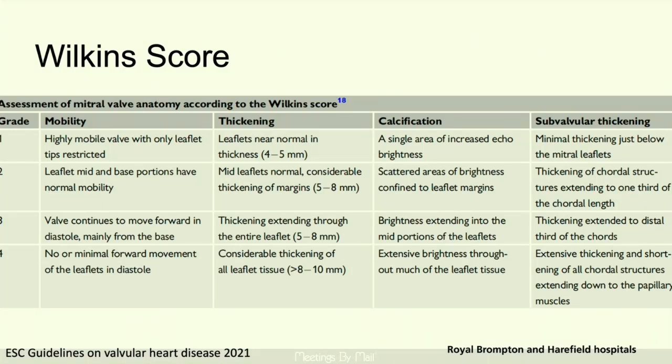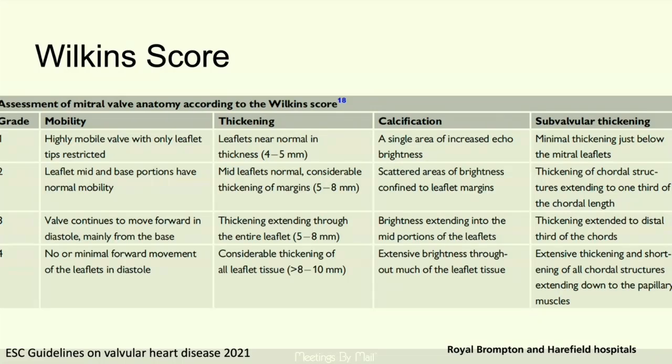And the Wilkins score focuses on mobility of the leaflets, the thickening of the leaflets, the degree of calcification of the leaflets, and also involvement and thickening of the subvalvular apparatus. And these are graded from 1 to 4. So, for example, when there is a very minimal movement of the leaflets, this patient will score a 4.